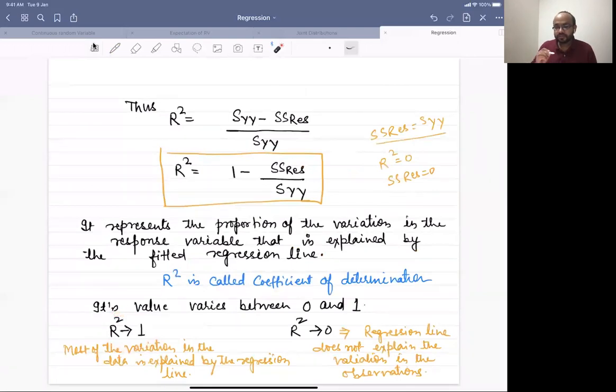So this quantity R square is giving you a quantitative measure of what we call the goodness of fit of our model. Similarly, if R square goes towards 0, that means the fitted regression line doesn't explain the variability in the response variable. It's not a good fitted line.